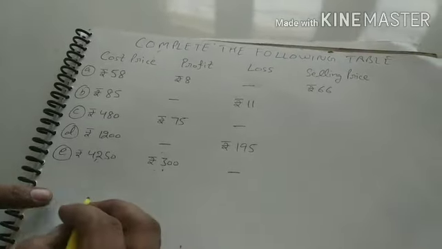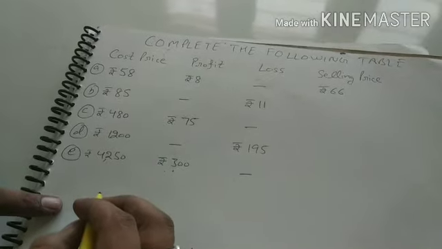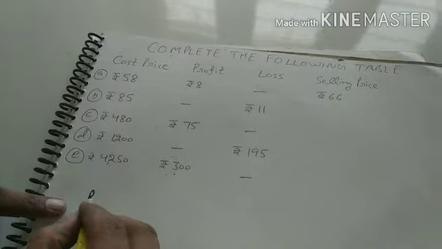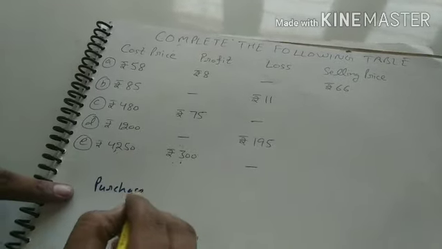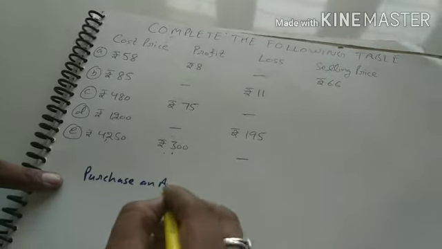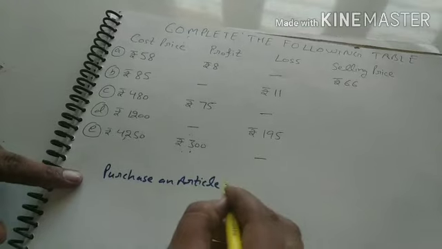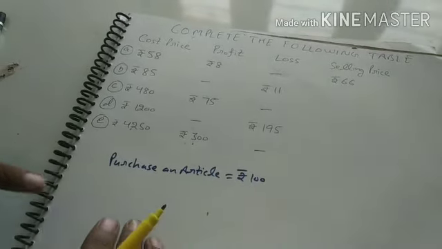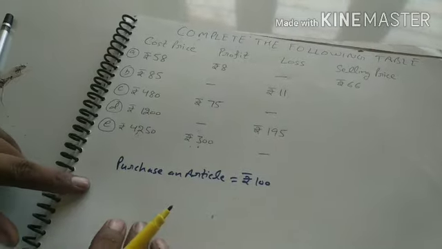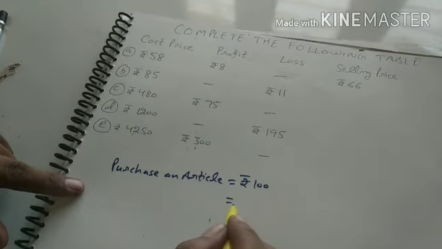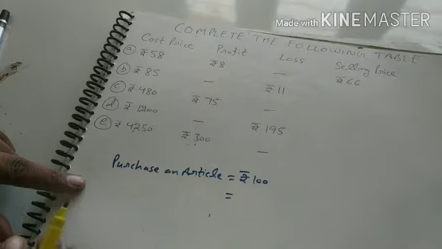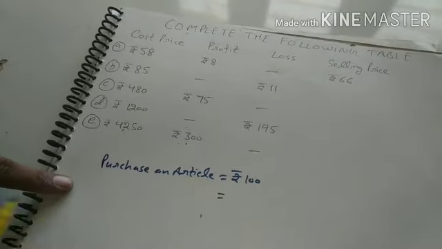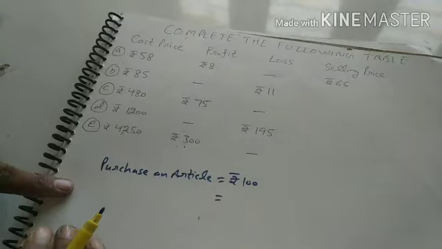Take an example: if I bought an article for rupees 100, then I purchased an article for rupees 100. Now when I go somewhere and my friend asks me to please give him this article, I will tell him that I will give it to him for rupees 150.